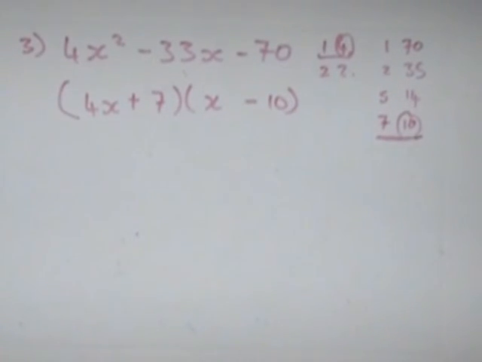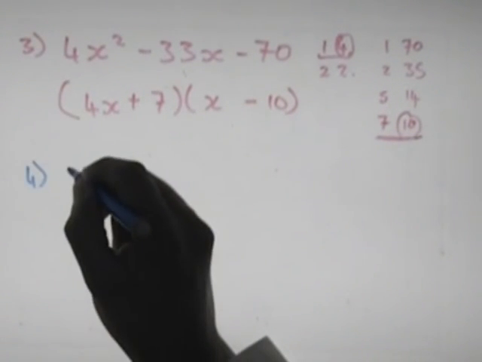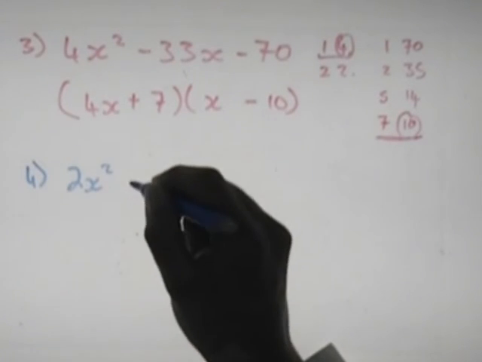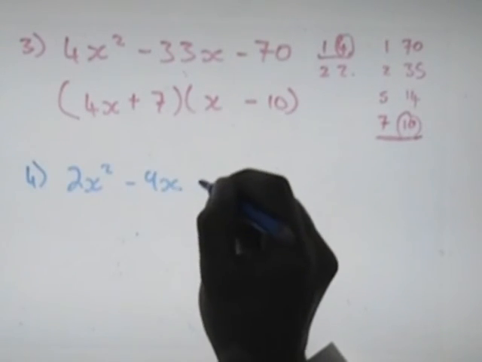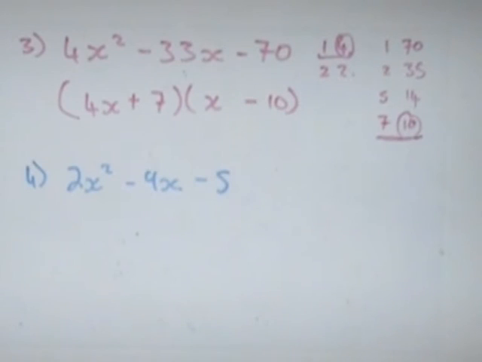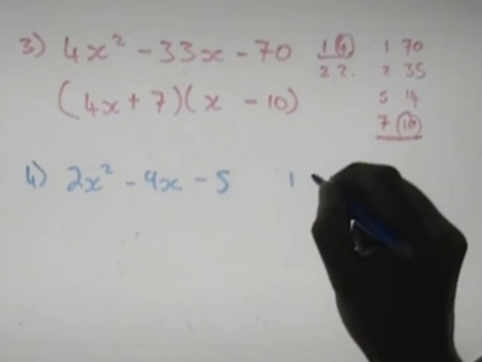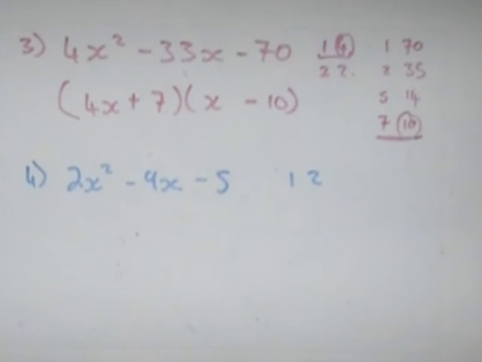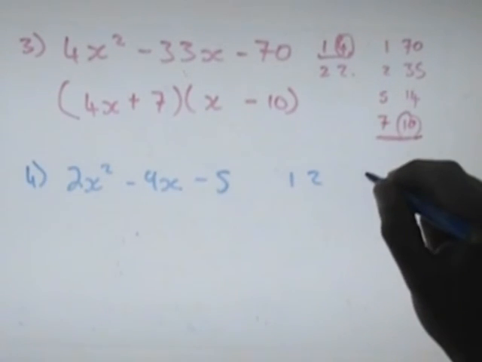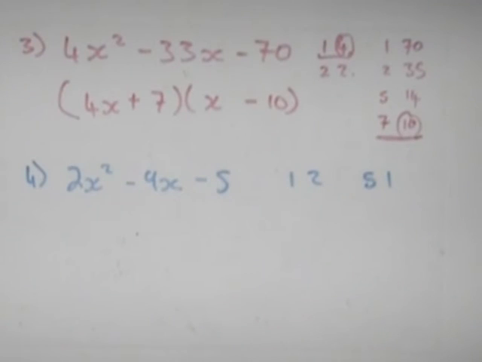The last one I gave you to do was fairly easy. 2x squared minus 9x minus 5. 2 has only got the factors 1 and 2. 5 has only got the factors 5 and 1, or 1 and 5.